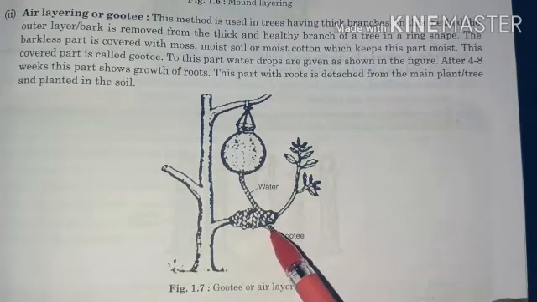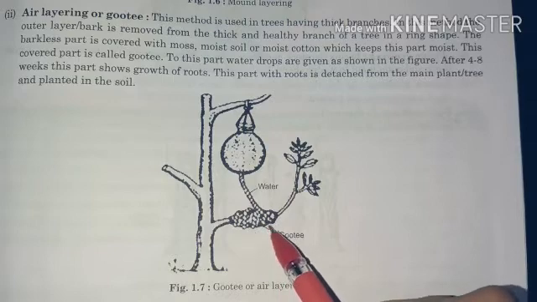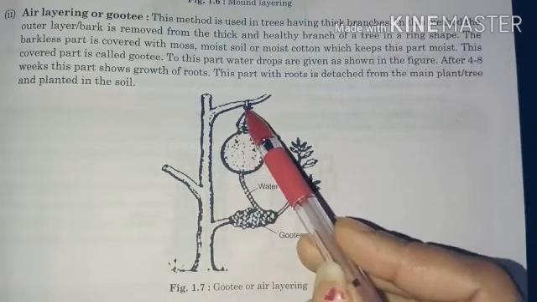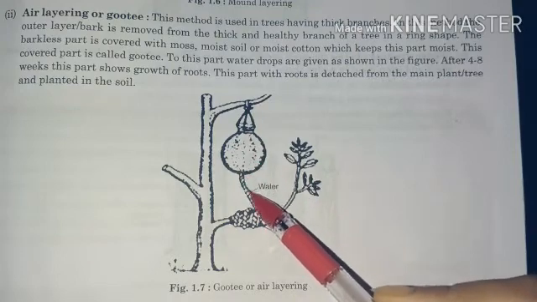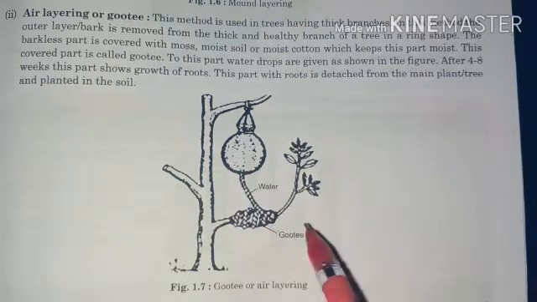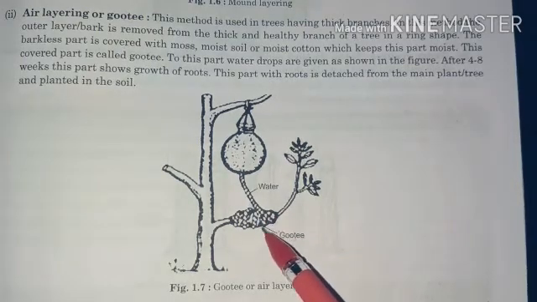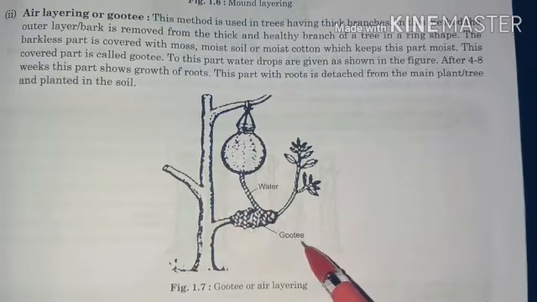After that, this portion should be covered by wet soil, wet cotton, whatever you want. On another branch we put a pot, and with the help of a string the water goes into this gutti. When it is covered by wet soil or wet cotton, this portion is known as gutti.